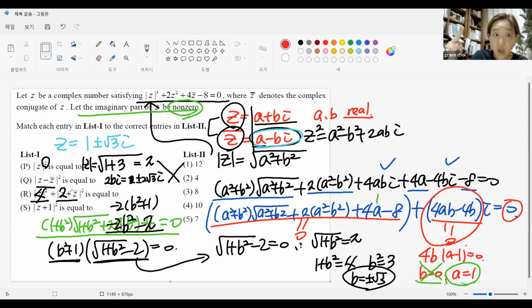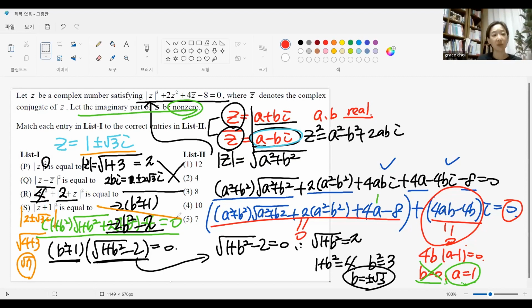Just 2, and then modulus squared is just 4. 4 plus 4, which is 8, like this. Cool. And then finally, Z plus 1. We have the name of Z. Z plus 1, what is that? 2 plus or minus square root 3 i. Get the modulus: square root of 4 plus 3, square root 7. And then perfect square, just 7.